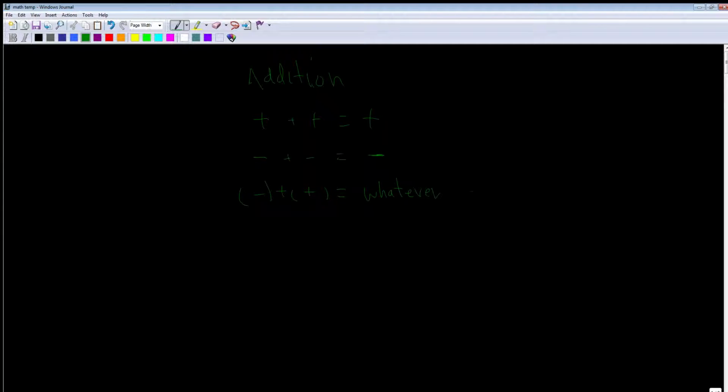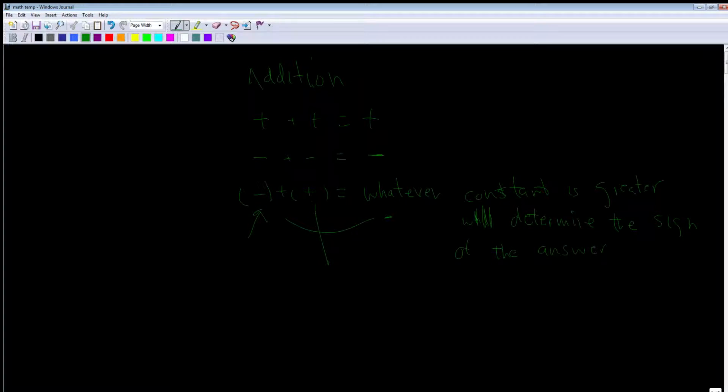whatever constant is greater will determine the sign of the answer. So if this is greater, the answer will be negative.